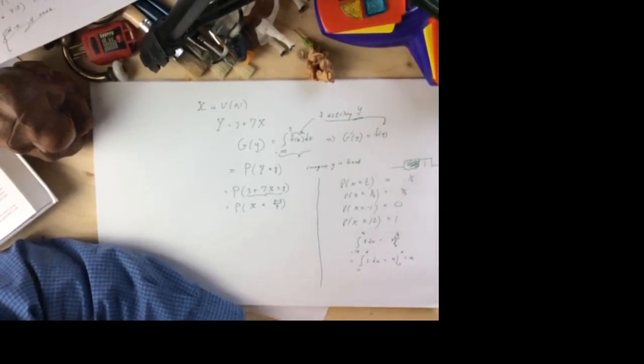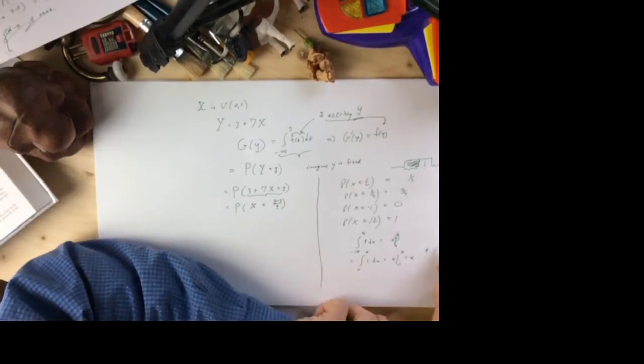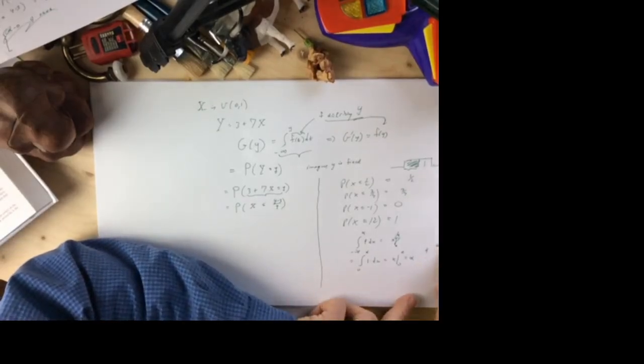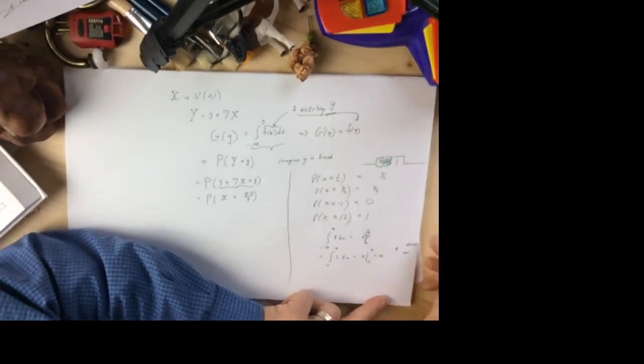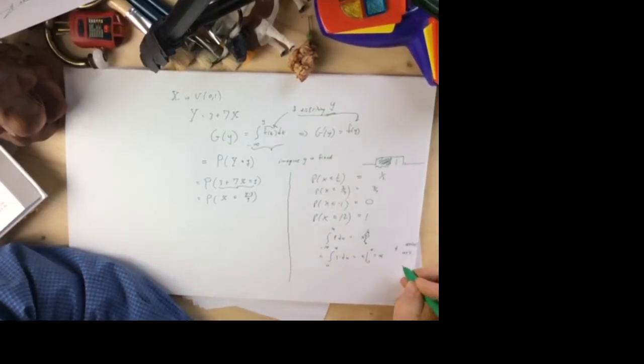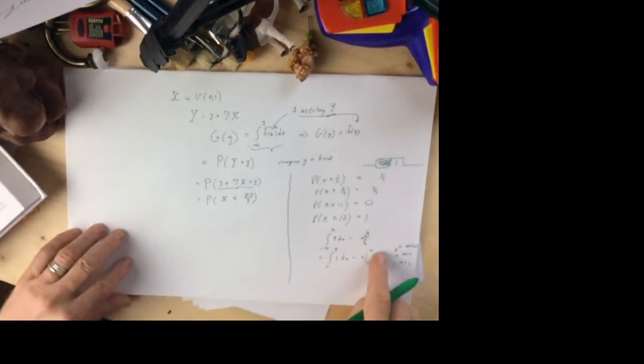So the answer is alpha if alpha is in 0, 1. If alpha is less than 0, the answer is 0. And it's 1 if alpha is bigger than 1. So we know how to do this.